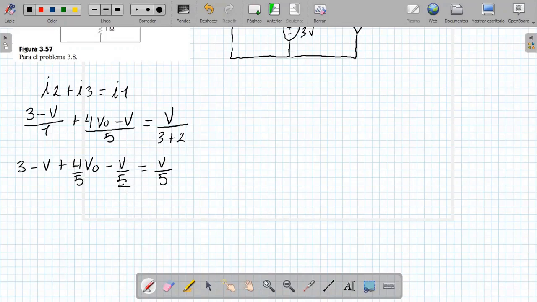Now, what else? Well, the values are the same. I'm going to operate here. Here I have a variable called V sub 0. Let's look.